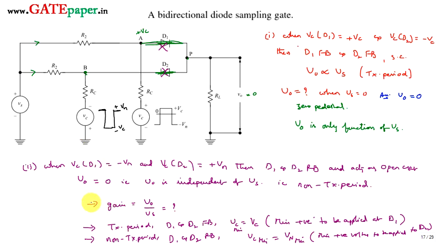So these are the three cases we are going to discuss. Within these limits only it can act as a bidirectional sampling gate, even though Vs is either positive or negative, the output is going to be proportional to Vs.